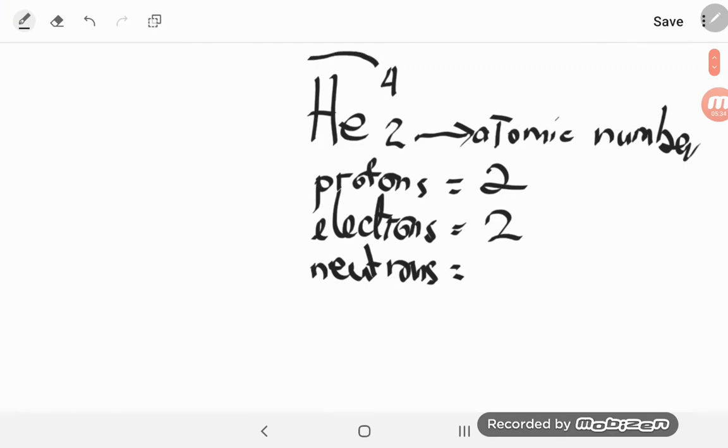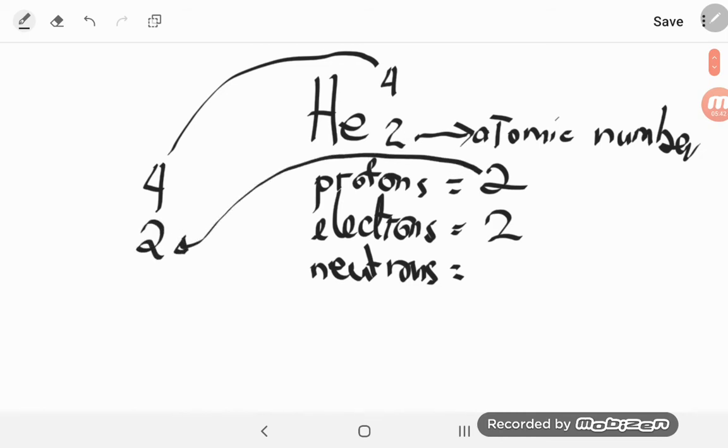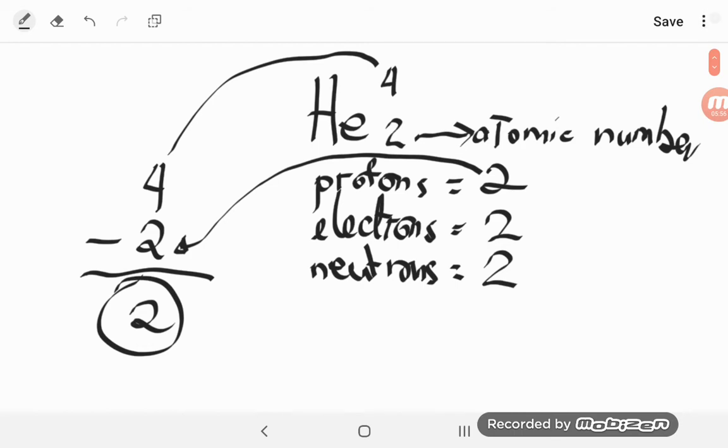We need to get the 4 here. And since we already know the number of protons is 2, then we just have to subtract 2 from 4, giving us the answer 2. And that means the number of neutrons for helium is 2. Very easy. Let's try another example.